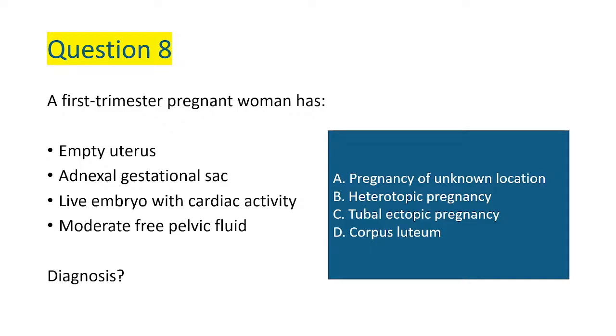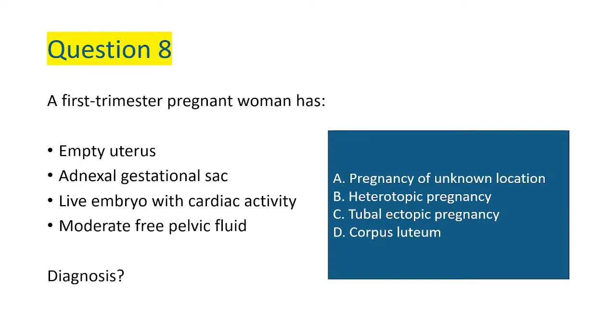Question number 8. A first trimester pregnant woman has an empty uterus, adnexial gestational sac, live embryo with cardiac activity, moderate free fluid in the pelvis.